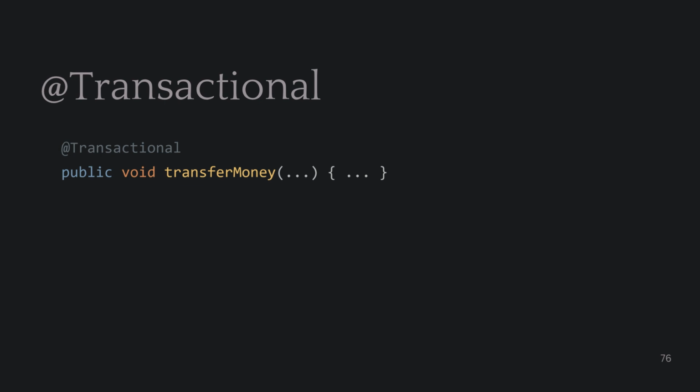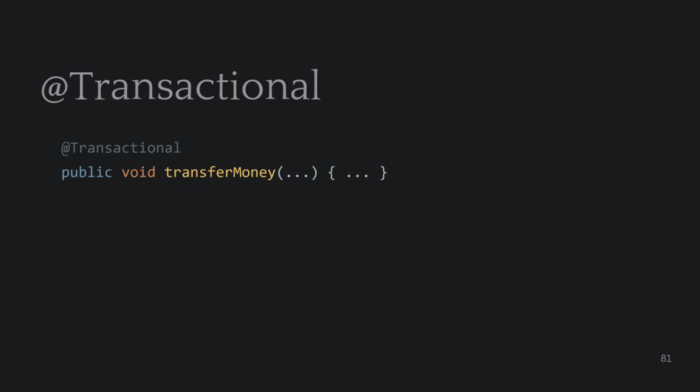It wraps the method call in a transaction. If the method finishes successfully, it commits. If an unchecked exception flies out, it rolls back. Declarative transaction management. Like the classic money transfer example, debit and credit have to happen together or not at all. Exactly that. @Transactional ensures that atomicity for you without lots of manual transaction code. Wow, okay.